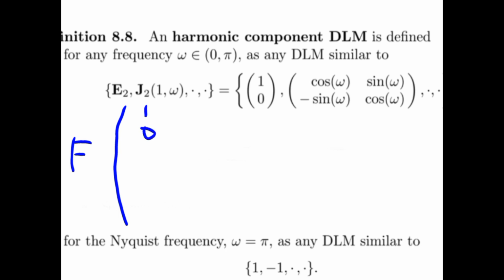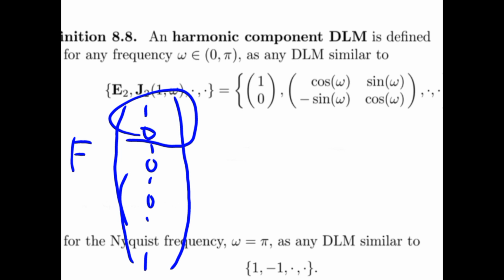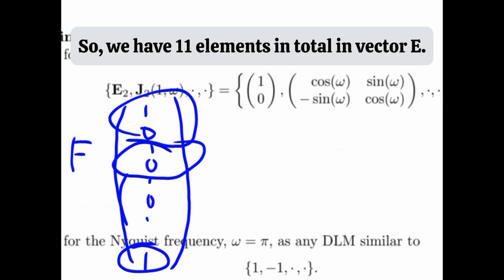So 1, 0, and then 1, 0, 1, 0, repeat itself until the last element is 1. The first 1, 0 here is for harmonic number 1, and the second 1, 0 is for harmonic number 2, and so on. And the last 1 here is for the Nyquist frequency, or the last harmonic.